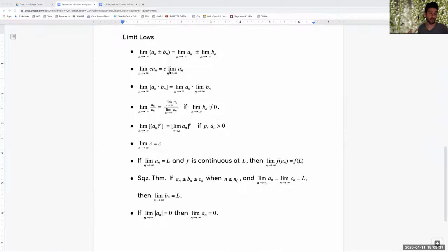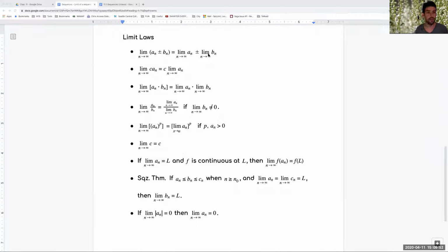These are very familiar limit laws from section 2.3, I believe, way back in Calc 1, where you replace a sub n and b sub n with functions f of x and g of x, and they look very, very similar.